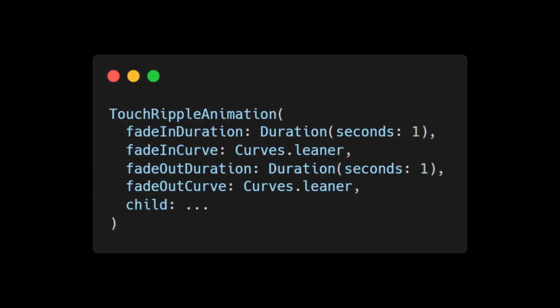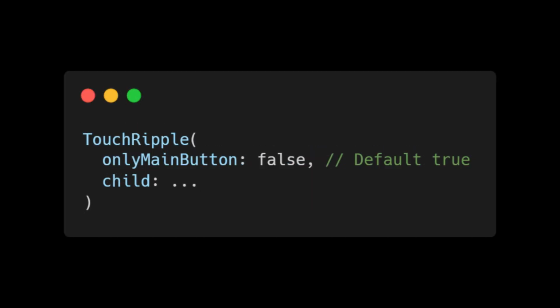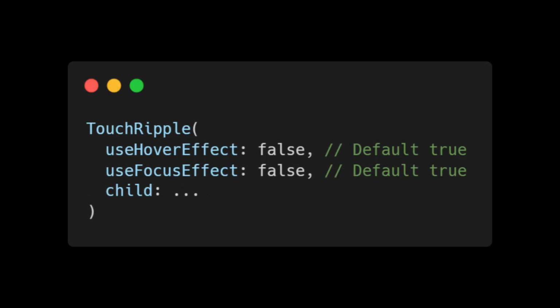You can also add custom animations for hover and focus effects. Use the hoverAnimation for hover effects and the focusAnimation for focus effects. The onlyMainButton property specifies whether only the primary mouse button triggers a gesture. The useHoverEffect property enables or disables the hover effects, and useFocusEffect enables or disables the focus effects.